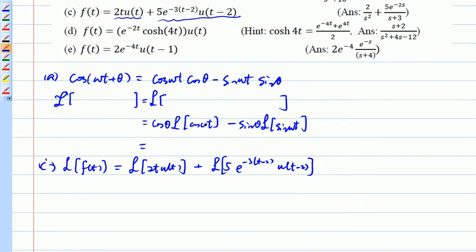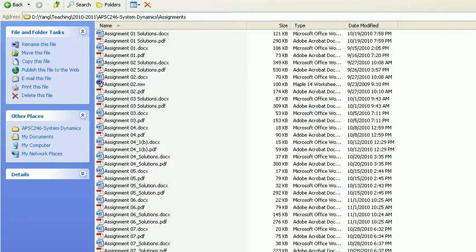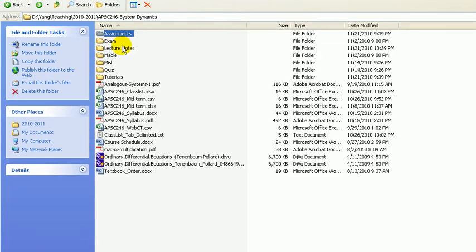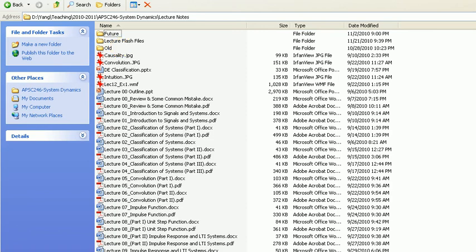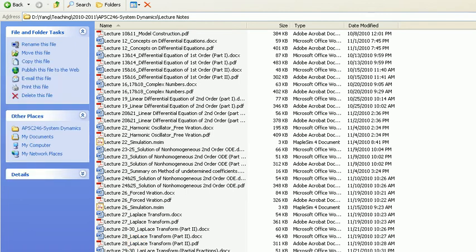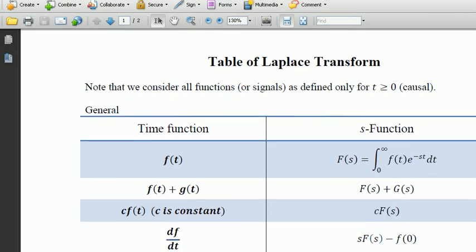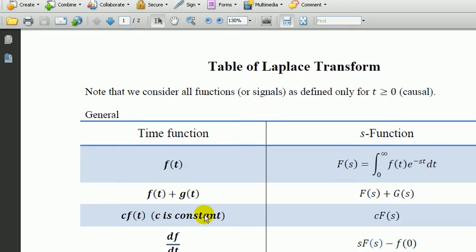Okay, and the first Laplace transform is very easy. You can take a look at your table. Now I need to mention this in the table. Let's go back to see if I have it here. Okay, here. Now in the table, what I need you to point out here is, I said all the functions I'm considering are causal functions.